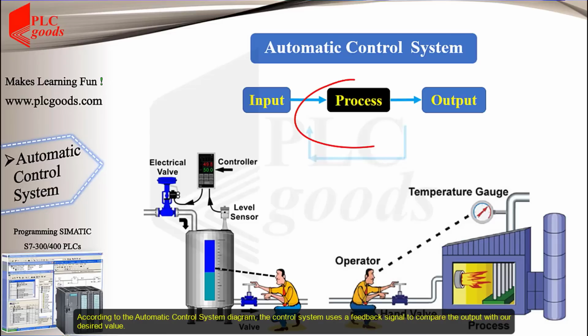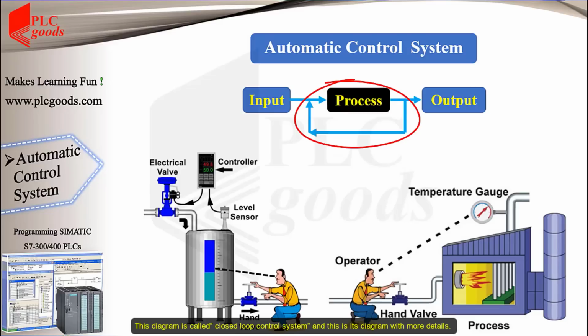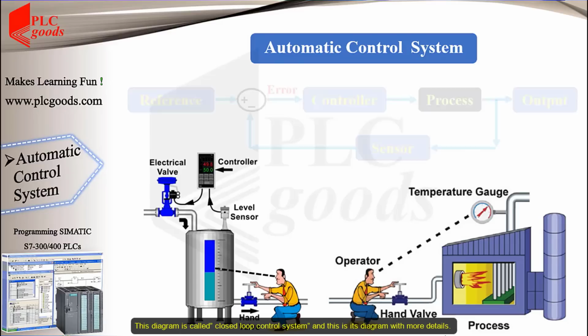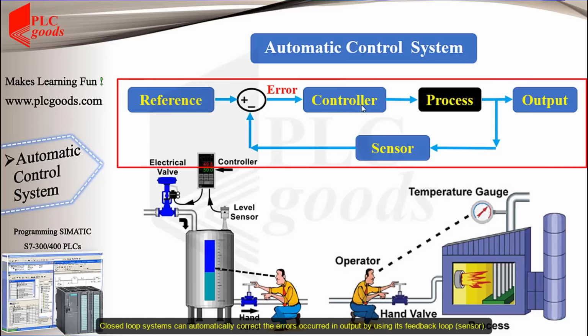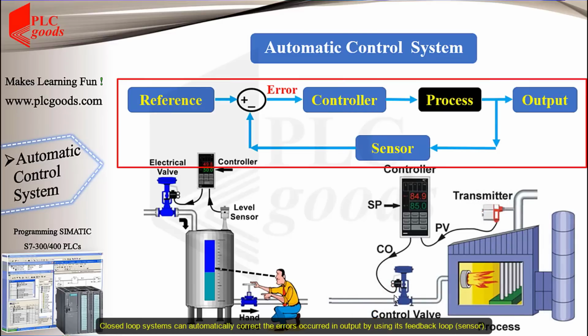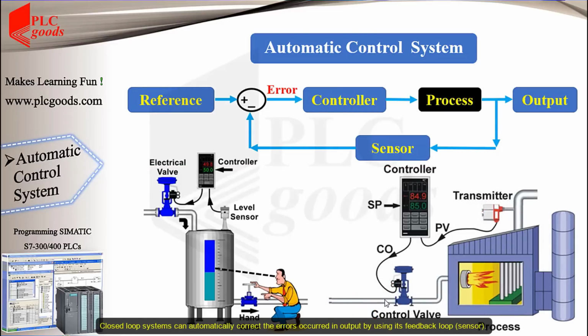According to the automatic control system diagram, the control system uses a feedback signal to compare the output with our desired value. This diagram is called a closed-loop control system, and this is its diagram with more details. Closed-loop systems can automatically correct the errors occurring in the output by using the feedback loop sensor.